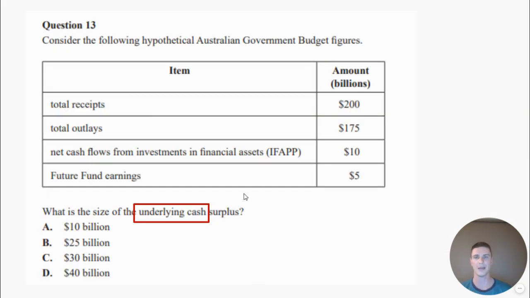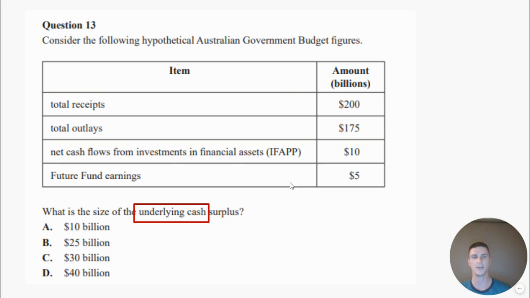And finally, from last year's, this one was asking you to calculate the underlying cash outcome or cash surplus. And here you needed to know the difference between the headline budget figure, which was total receipts and total outlays, and the underlying budget figure or the underlying budget outcome, which is taking out the impacts from investments and future fund earnings.